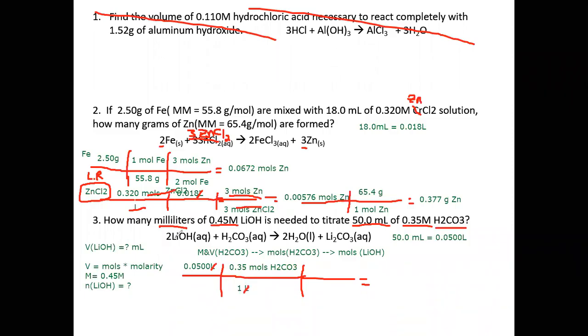Now we need to use the mole ratio. So 2 moles of lithium hydroxide is needed for 1 mole of carbonic acid. So it's a 2-to-1 ratio. And notice now that the moles of carbonic acid cancel out.